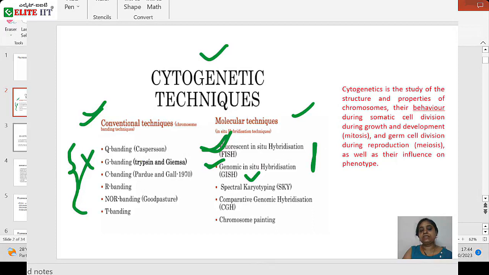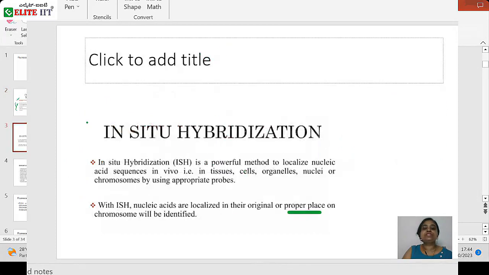So let's start. Before going to FISH, you should know what in situ hybridization is. In situ hybridization is a powerful method mainly used to localize nucleic acid, or you can consider DNA sequences, in vivo.